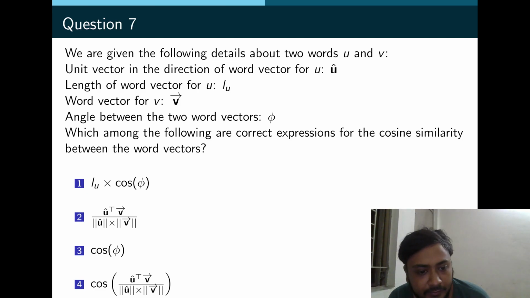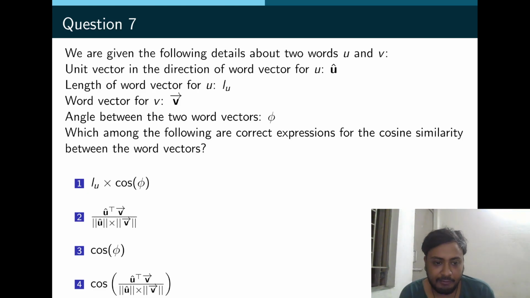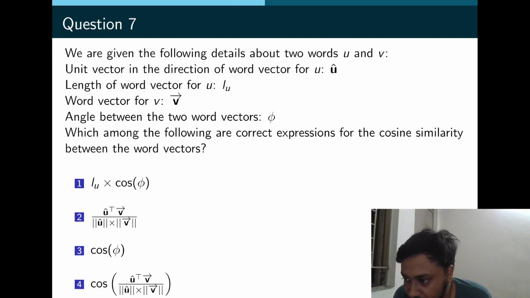Anyone? Let's go over them one by one. Then we will get a better idea. So what is cosine similarity? Okay. Yeah. Somebody said option 3 and 4. All right.